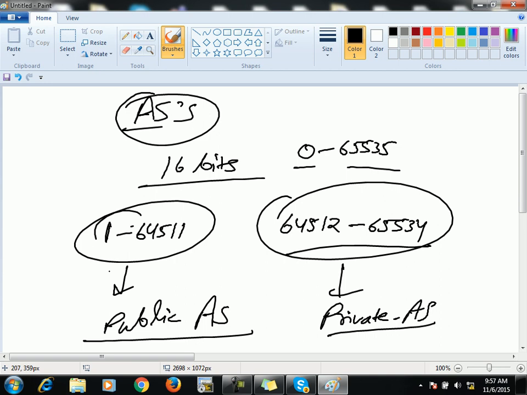But whenever Airtel forwards those prefixes towards any other ISP, it has to remove the private AS before forwarding our routes. But at least Airtel has to accept prefixes coming with a private AS.